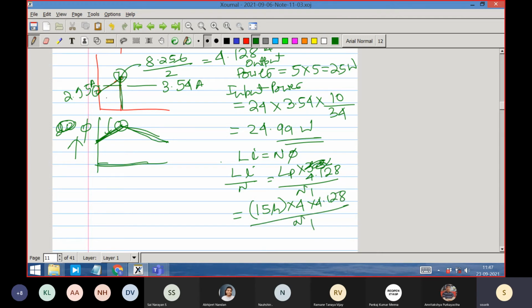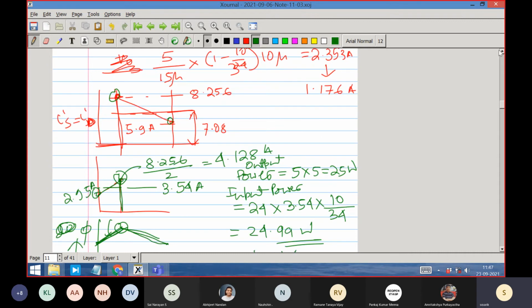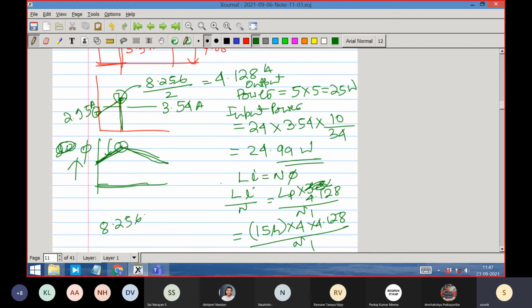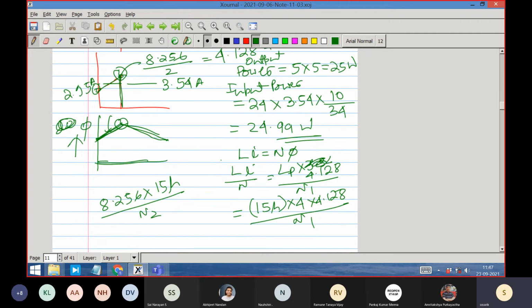On the secondary side, the peak current is 8.256, inductance is 15 microhenry, by N2. N1 is equal to 2N2. You see these two are matched. The 2 cancels. These two are equal, so the flux is equal.